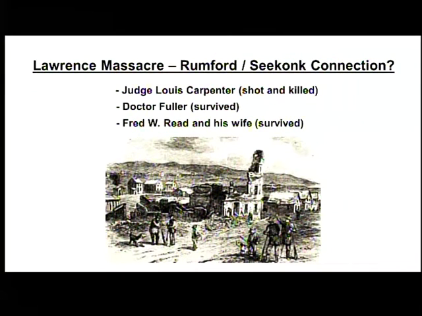And the name Carpenter, Fuller, and Reed really stuck out. So I did some reading here, and some of the survivors of this Lawrence massacre were in fact the name. Now they may be, and most likely are, relatives of the early settlers on the Ring of the Green. Now there was a judge named Lewis Carpenter.